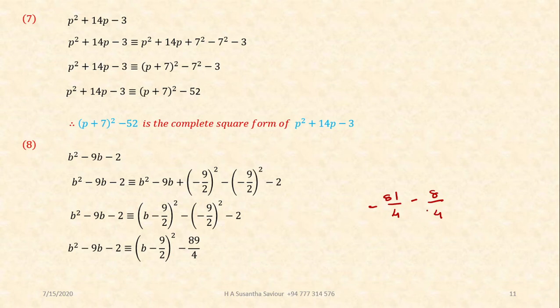I wrote it with a common denominator. So this is minus 89 over 4. This is how I simplified this. This is a very simple thing. Right, we can move on.